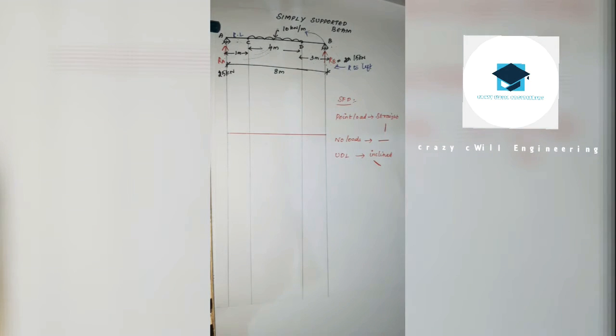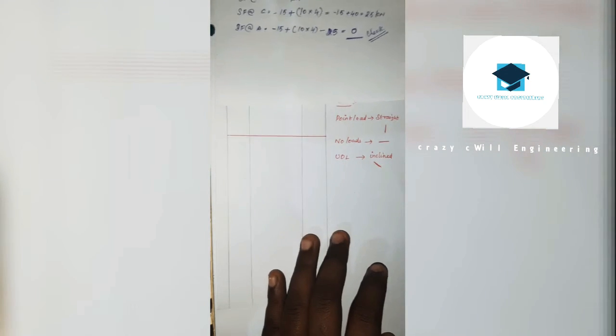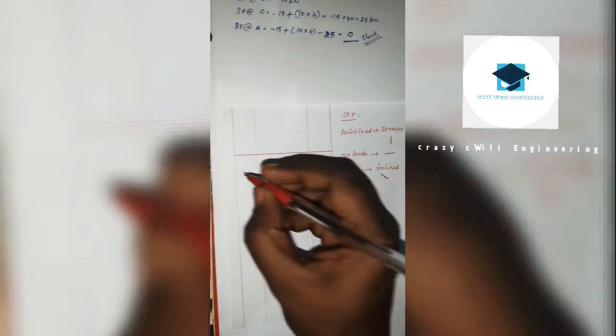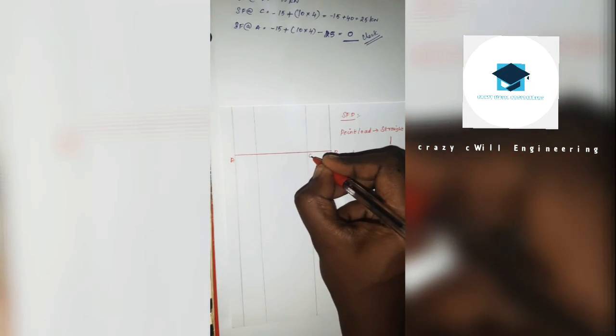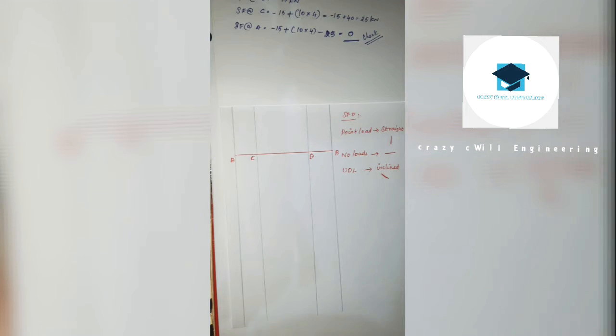Okay, now we have to mark the values. Here this is beam A, B, this is C, this is D. Mark the shear force values.